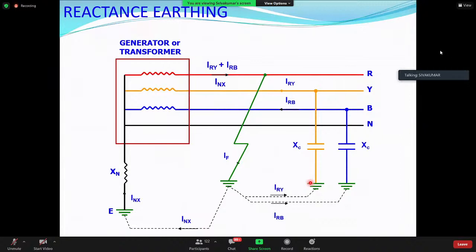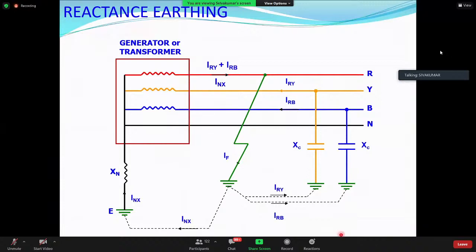For the same ohmic impedance, the higher the voltage, the higher the current that will flow and the higher the heating. If you want to avoid the heating, you can go for reactance earthing, keeping the current level the same. For 400 ampere, let us say you have to put 100 ohm resistance.